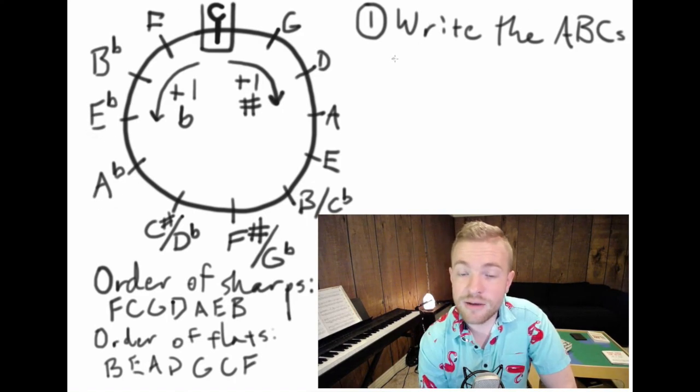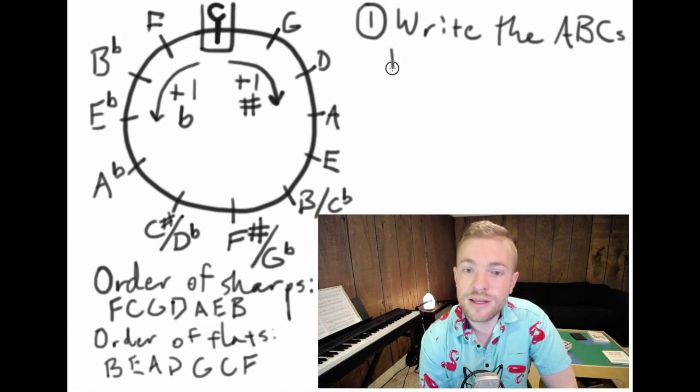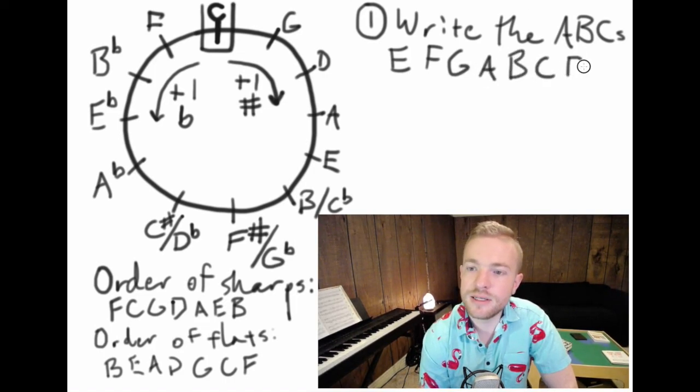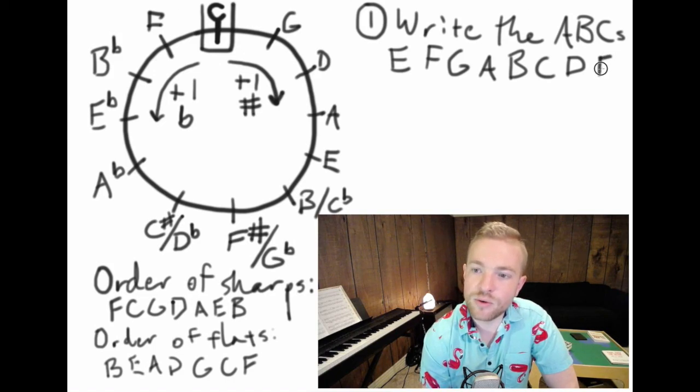So if I was trying to write the scale for the key of E flat, I would first write the musical alphabet with no sharps or flats. That's part of the next step, right? So just the letters, E, F, G, A, B, C, D, and then you can round it off with one more E at the end if you want.